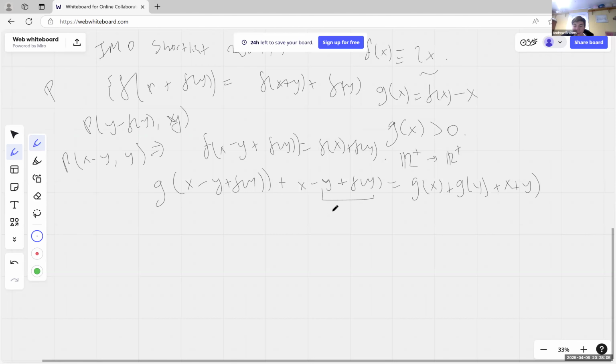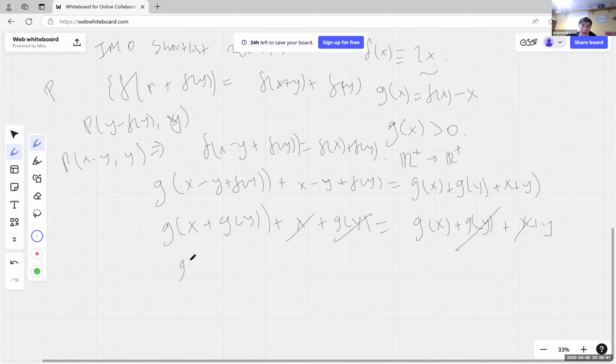So when we plug this in, again, what we get is g of x plus g of y plus x plus g of y is equal to g of x plus g of y plus x plus y, and we can cancel out here, and we can cancel out here to get g of x plus g of y equals g of x plus y.